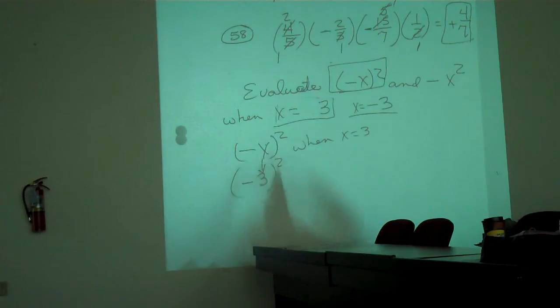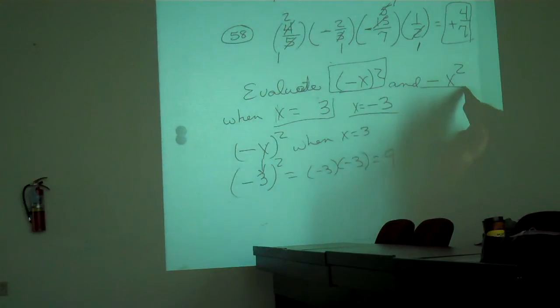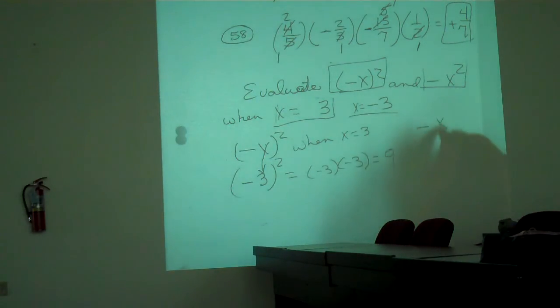So we have negative 3 squared, which is negative 3 times negative 3. What's the answer to that? 9. Okay. Let's do this other one with x equal to 3. Negative, and then where the x is, we'll put a 3.